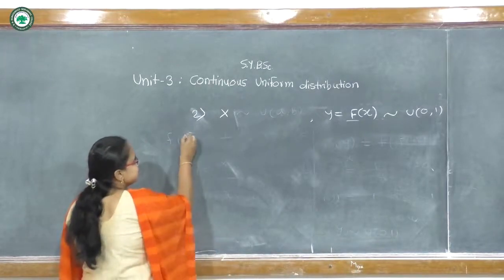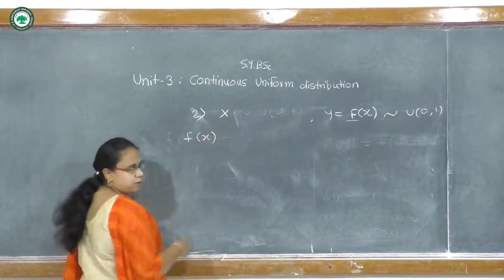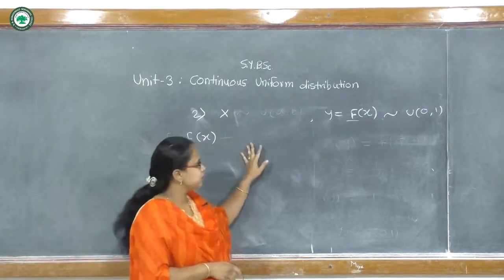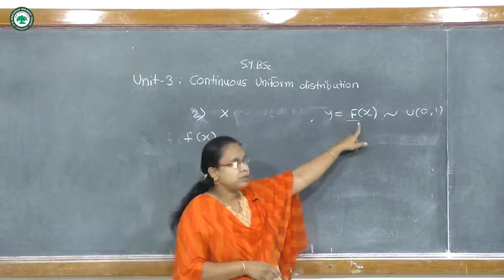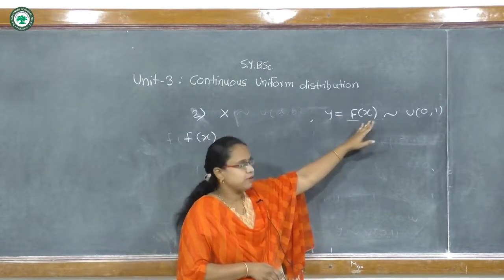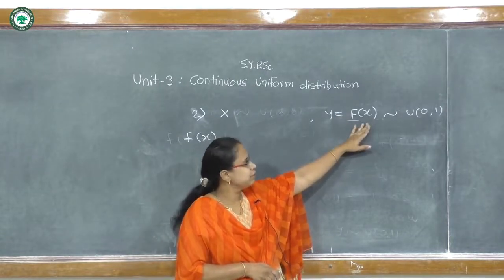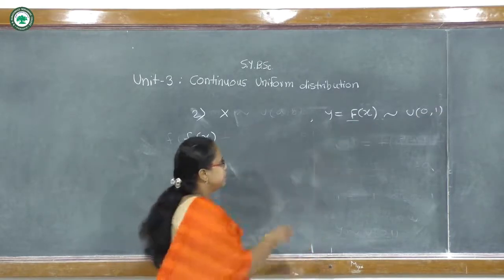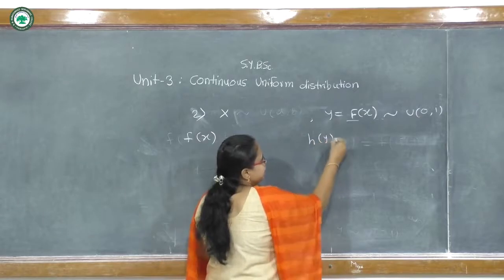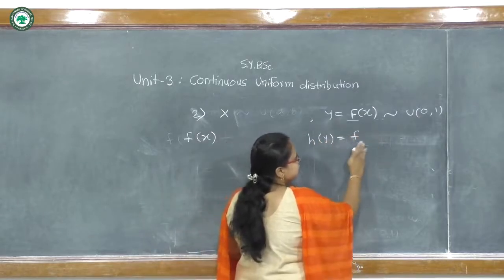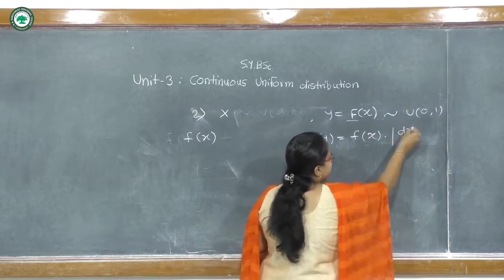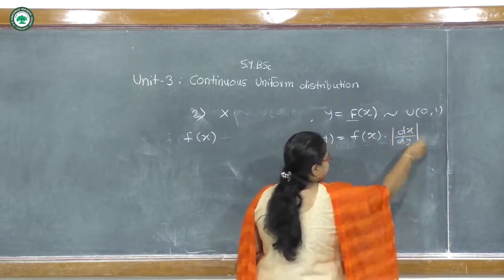So X must have its PDF f of x, and we are not taking any particular distribution here. But Y, that is the CDF of any distribution, is a monotonic increasing function. Let's use the transformation method. h of y should be f of g inverse of y, meaning f of x into mod of dx upon dy.